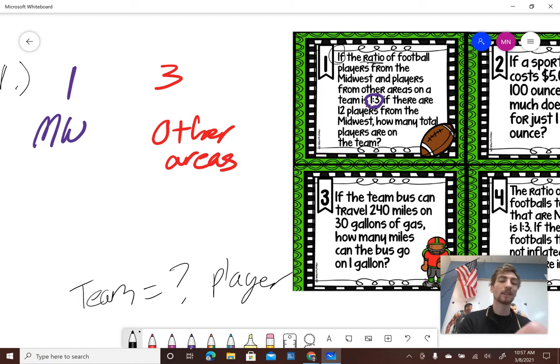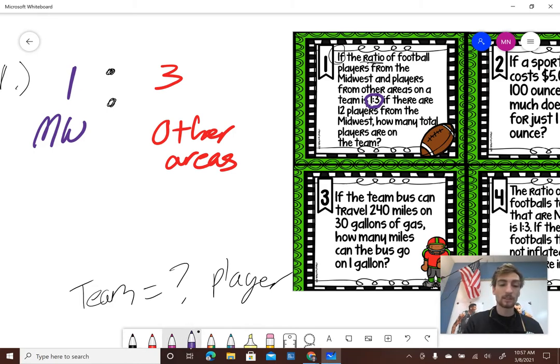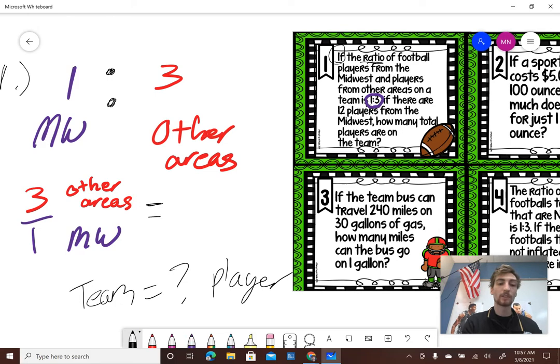And remember, if we're going to compare ratios, we could write it like this, where it's saying 1 to 3. We also could write it as 3 over 1. Remember, those are the 2 ways that we can compare ratios. So let's do it this way. This is players from the other areas, and this is players from the Midwest. And so now we're going to set up an equivalent ratio here.